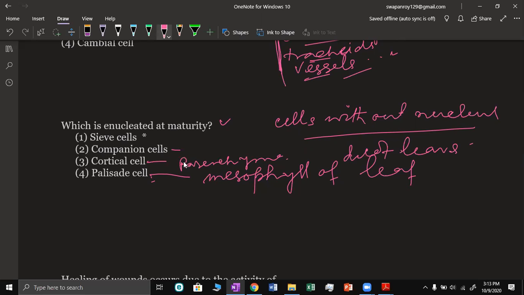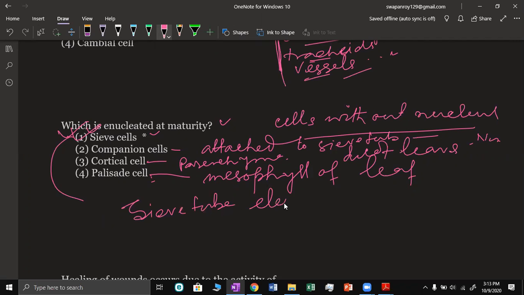Companion cells are closely attached to sieve tubes, and they have a very prominent nucleus. Only it is the sieve tube elements. Sieve tube elements don't have nucleus at maturity.